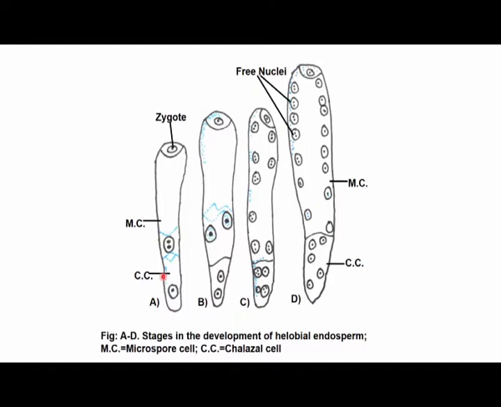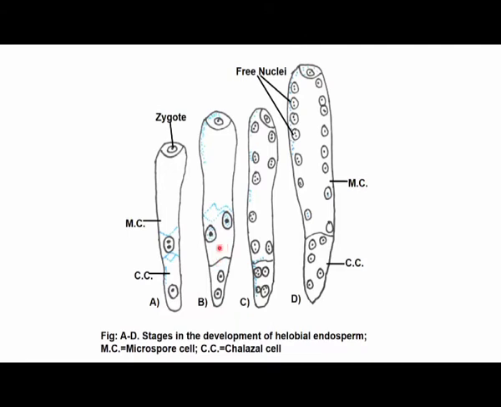The first nuclear division of the primary endosperm nucleus is followed by the formation of a transverse wall, resulting in the formation of a small chalazal cell and a large micropylar cell. So, in this case a division happens, and that division creates two cells: one is called the chalazal cell, which remains toward the chalazal side, and a large micropylar cell. The nucleus of the large micropylar cell divides then.